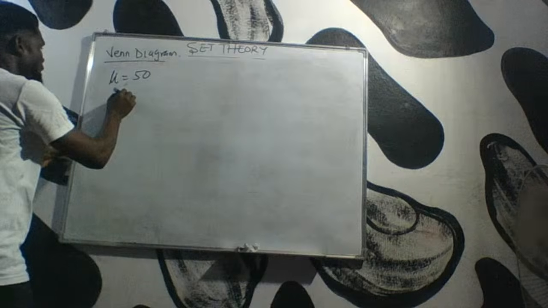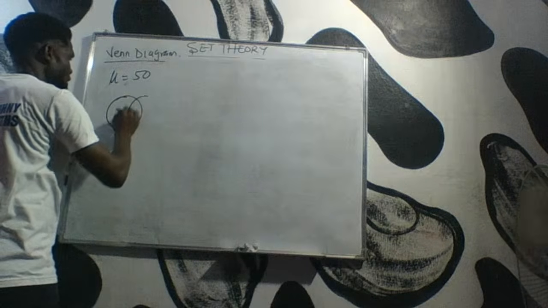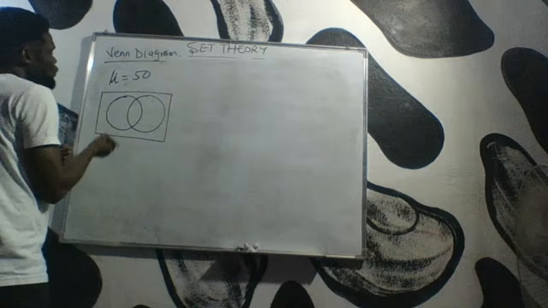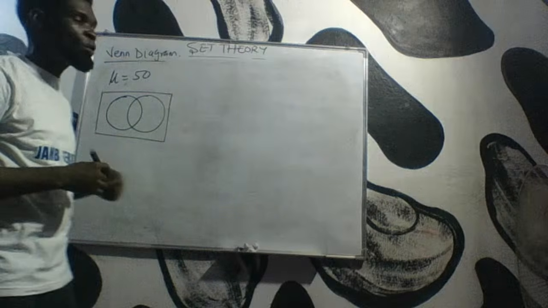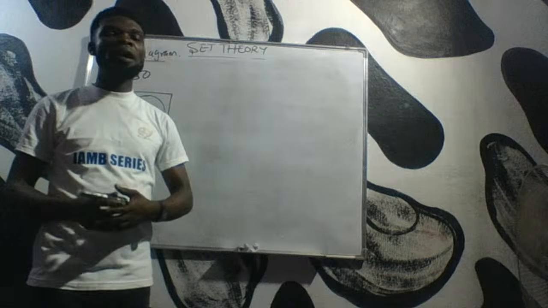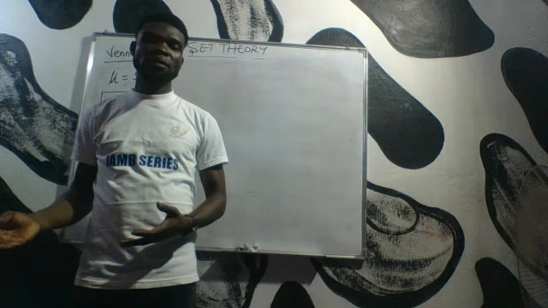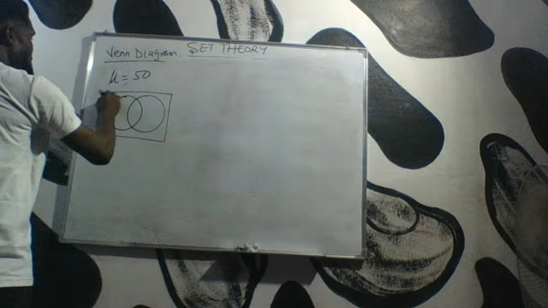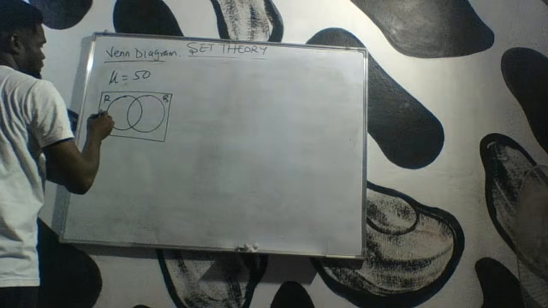And then this is A, this is B, and there is an instruction: while coming to school, you must have eaten either rice or beans, or rice and beans. So this is rice and this is beans.